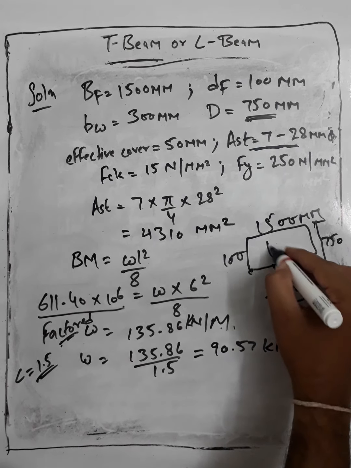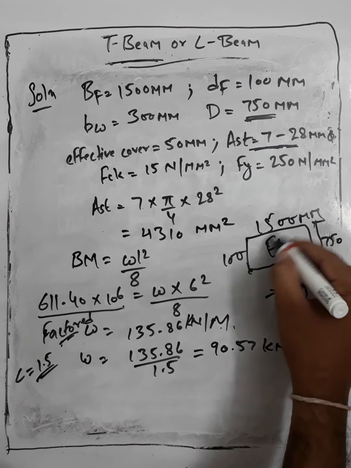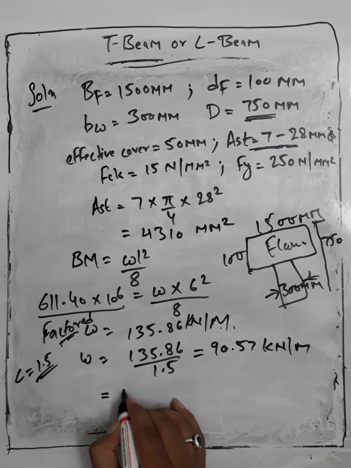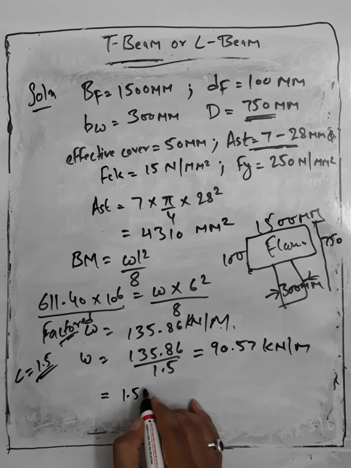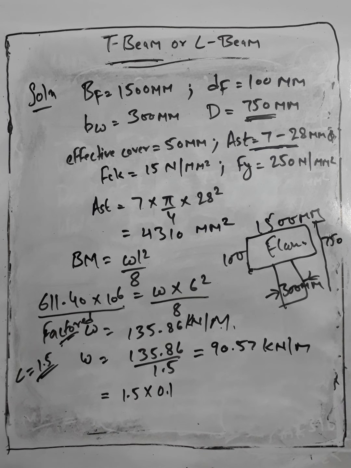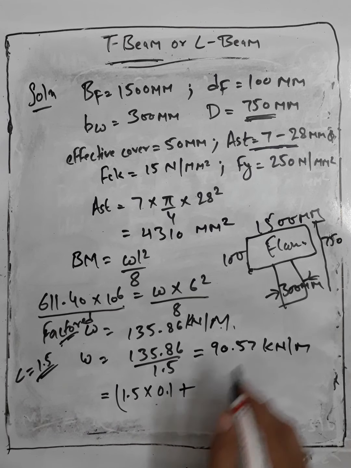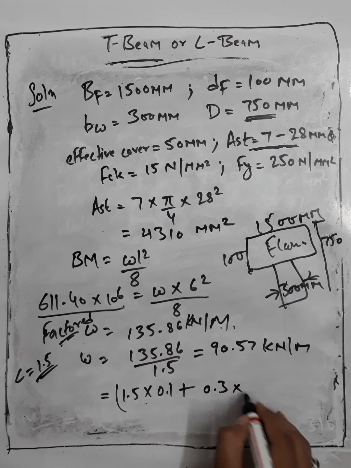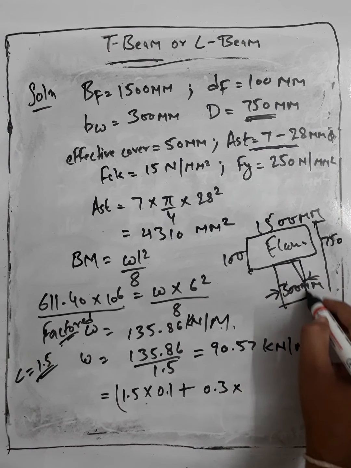So we have to find the self weight for this beam. First we take the flange part, this part. So this is the area, this is 1500. We convert this part in meter, so we got 1.5 meter and 0.1 meter. Plus if you consider this part, this is 0.3 multiplied, you have to find this part.